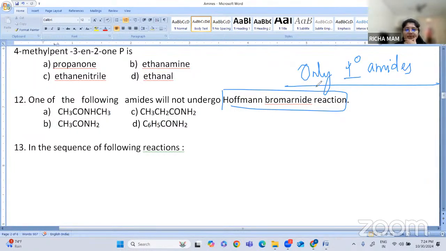Now, which are the primary amides in the following?